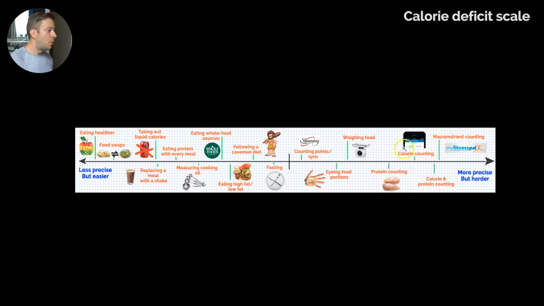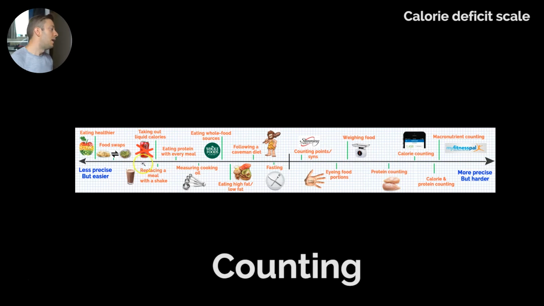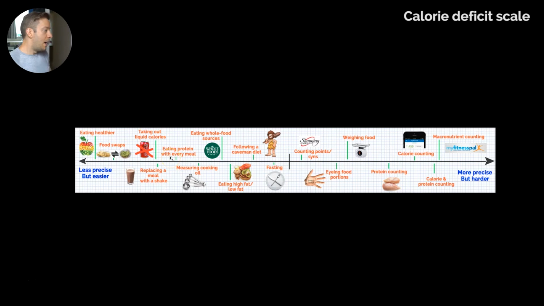On the right we have methods that are more kind of counting, and on the left we have methods that are more kind of just changing things. Because we're counting things on the right, we're a bit more aware of whether we are in a calorie deficit or not, and on the left it's a bit more guesswork and kind of blind to the fact.